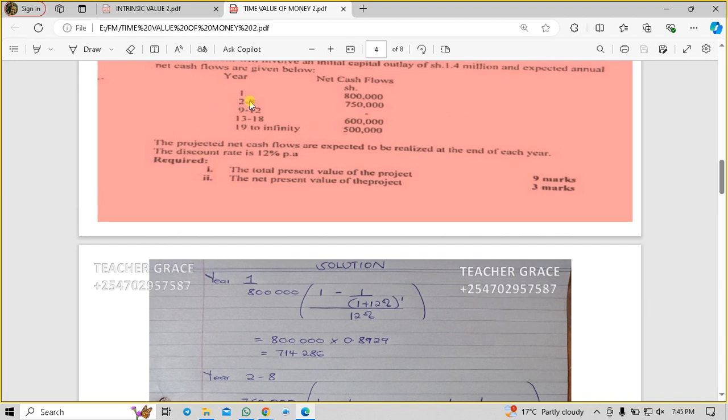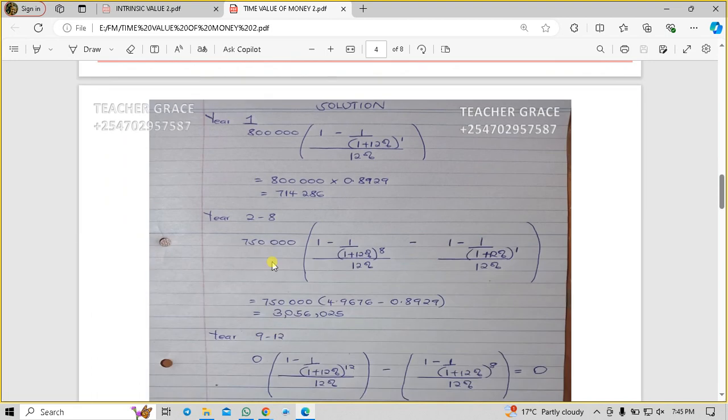So from the second year to the 8th year, we have the net cash flow as 750,000. So we are going to say 750,000 times 1 minus 1 over 1 plus 12% to power 8, divided by 12%, minus 1 minus 1 over 1 plus 12% to power 1.